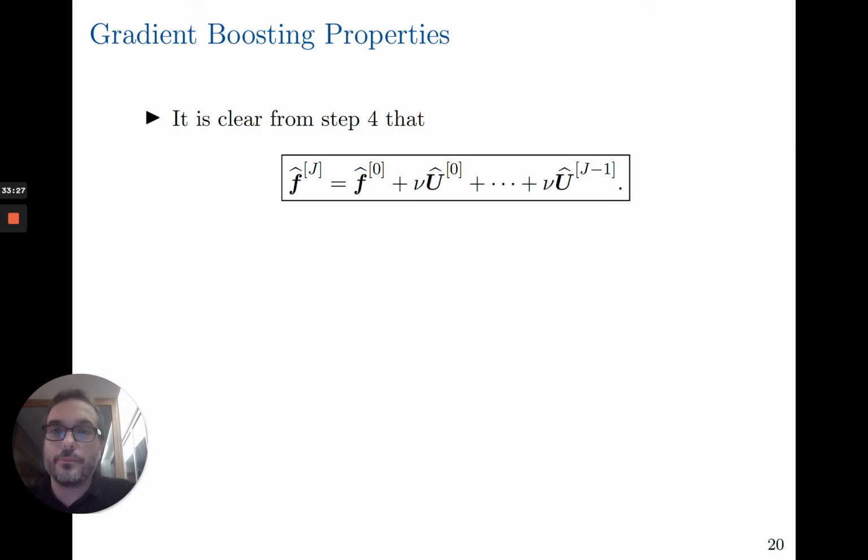So it's clear from step 4 that at the last iteration, iteration capital J, our fitted model will be the first guess plus a weighted sum, with this constant nu, of the fitted residuals.